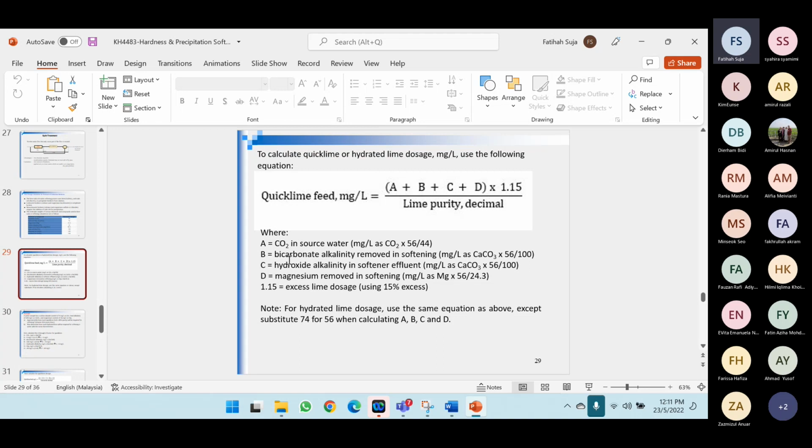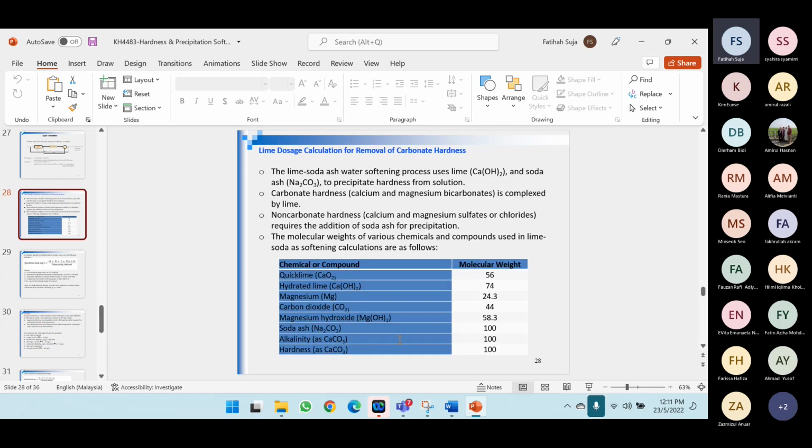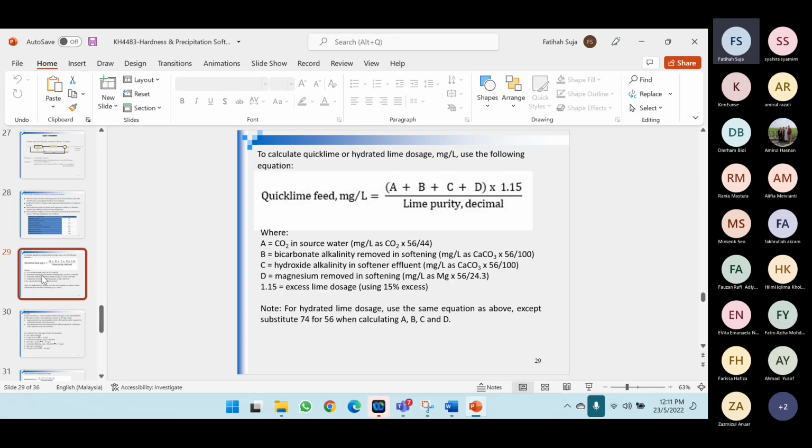So that is A, and then you need to add the quick lime used for bicarbonate alkalinity. So milligram per liter as calcium carbonate multiplied by the quick lime molecular weight, divided by the bicarbonate alkalinity as calcium carbonate, the molecular weight is 100. Okay.